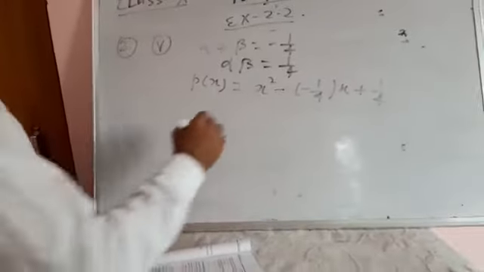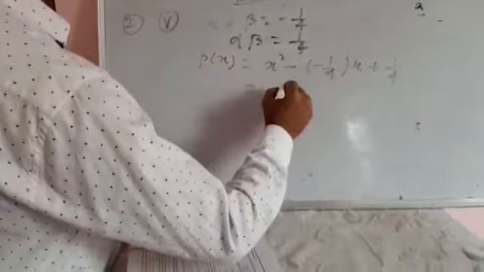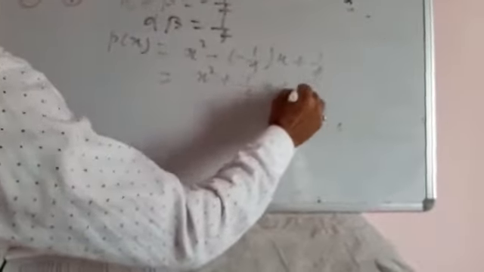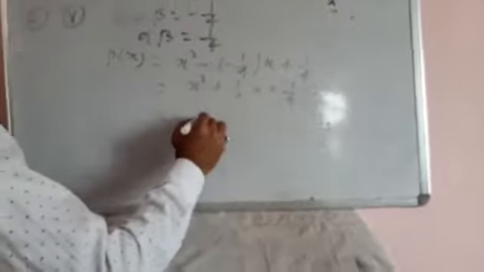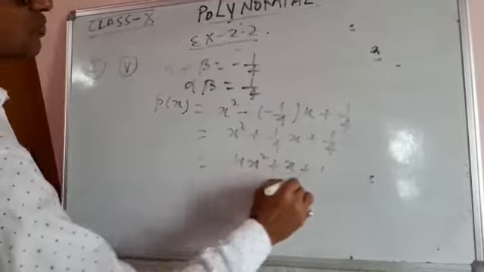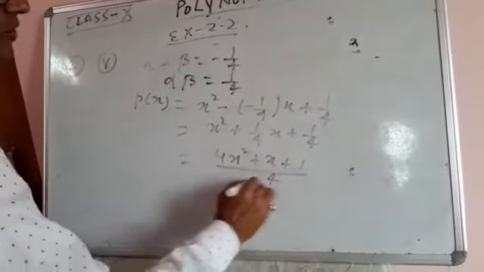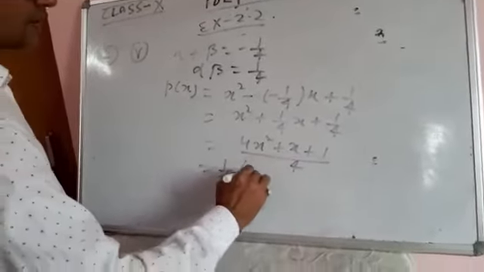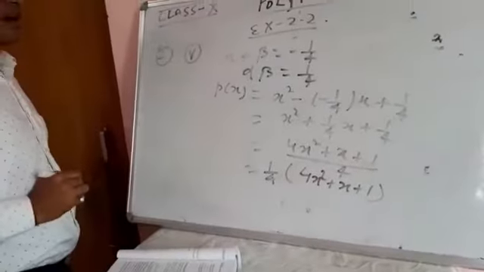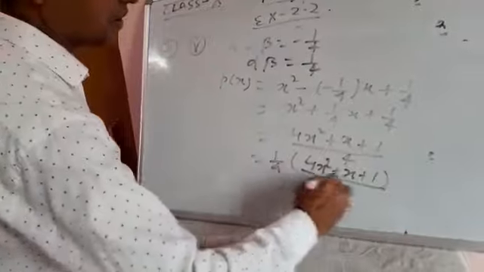This gives us x square plus 1 by 4 x plus 1 by 4. This gives (4x square plus x plus 1) upon 4. So this is 1 by 4 and this is 4x square plus x plus 1. So what is the required polynomial? This would be the required polynomial.